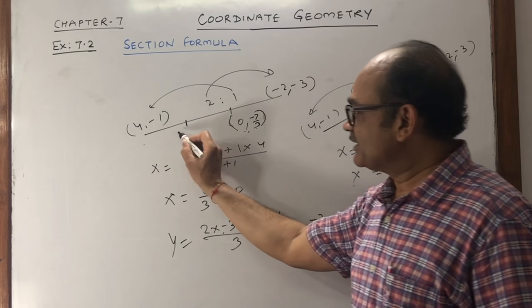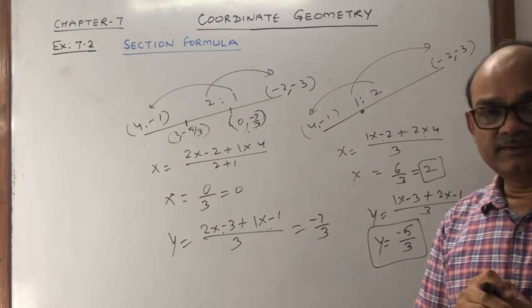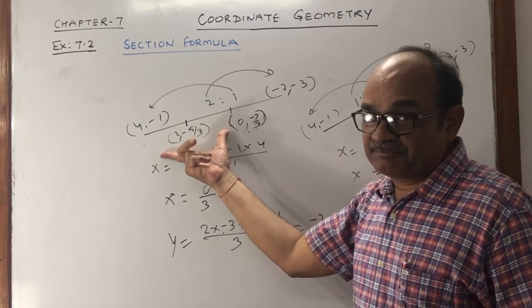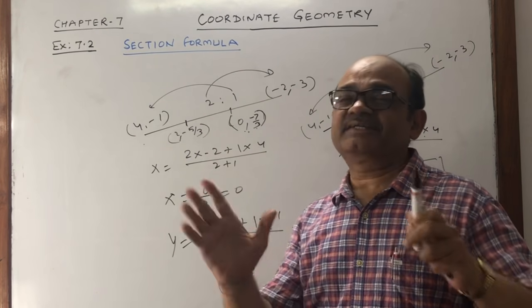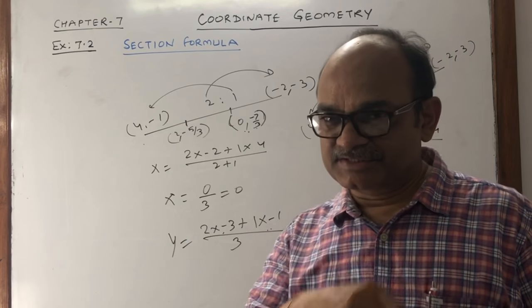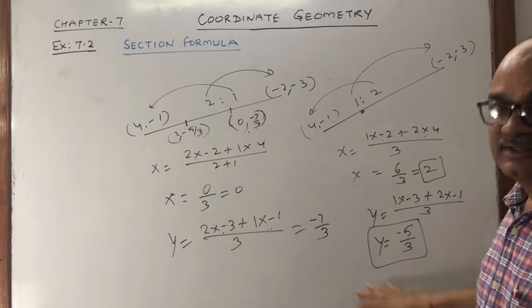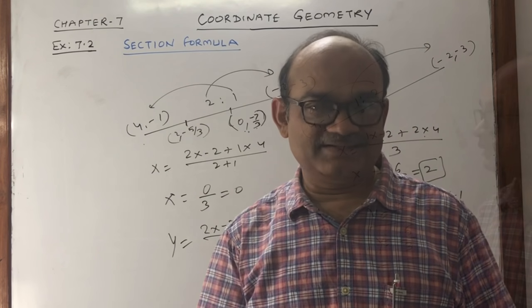So this coordinate is 2 comma minus 5 by 3. Your choice. If somebody wants, no, I will calculate the midpoint of these two. Go ahead, no problem. But mistake नहीं होनी चाहिए. जिनकी मिस्टेक हो रही है वो लोग क्या करेंगे? 1:2, then 2:1, या 2:1, then 1:2, then you will get 100% correct answer.